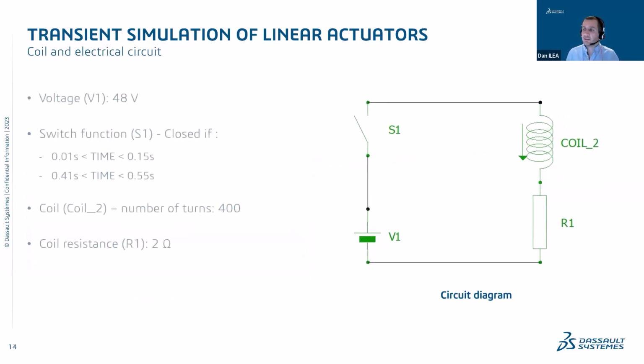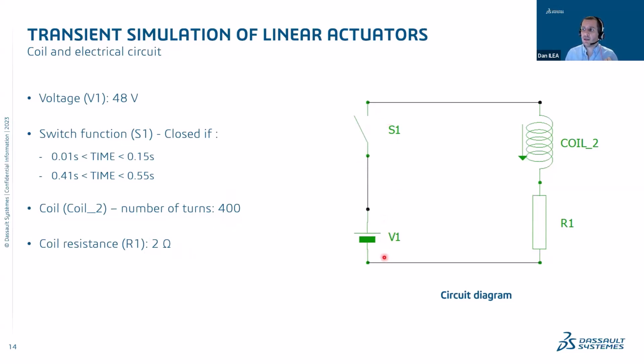Looking at the circuit itself, there are four main components. We've talked about the coil. It has a certain resistance which we put in series with this coil. It has 400 turns, and this is basically what represents the parameters for our coil.